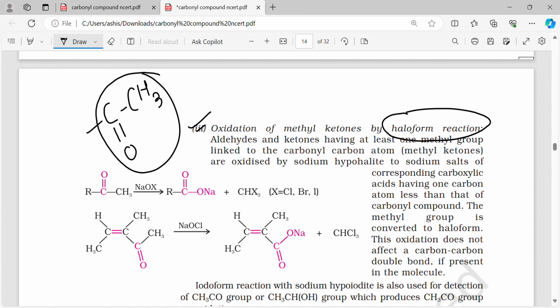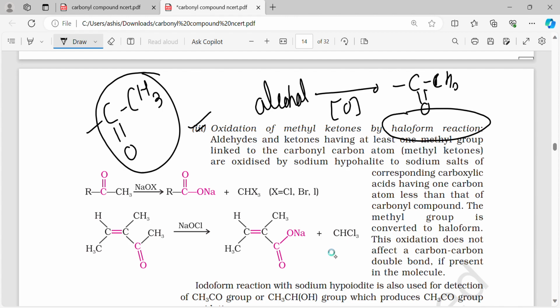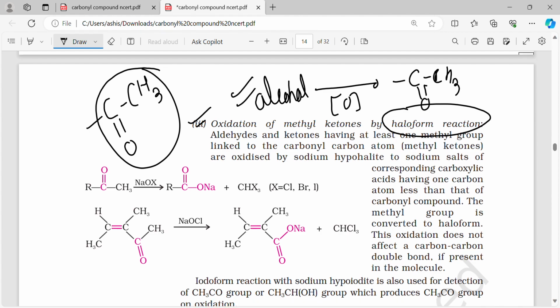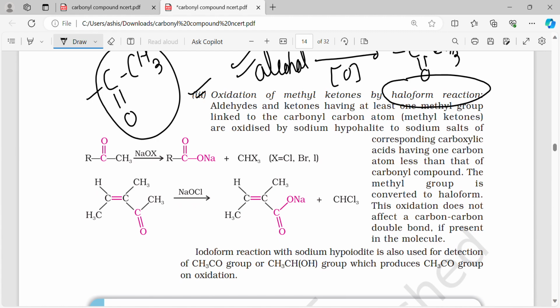Again, there is oxidation of methyl ketone by the haloform reaction. The haloform reaction can only be given by those aldehydes or ketones which have a ketomethyl group, meaning the carbonyl group is directly attached to a methyl group. The haloform reaction can also be given by those alcohols which after oxidation get converted into a ketomethyl group. So that alcohol can also give a positive haloform reaction.